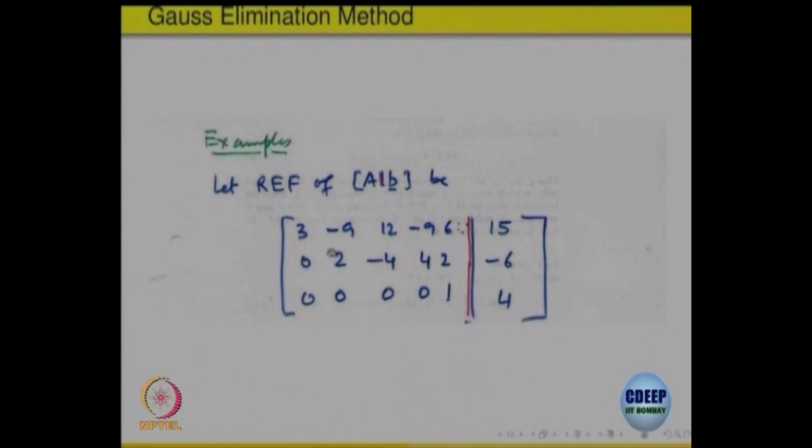So, x 1 can also be determined in terms of x 2, x 3 and x 4. X 2 is determined in terms of x 3 and x 4. So, this is what is called backward substitution, go from the bottom to the top, substituting backward, whatever is arbitrary, put that arbitrary value, determine the next one from the upper equation and from the upper equation, right.